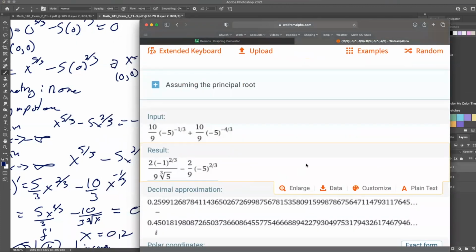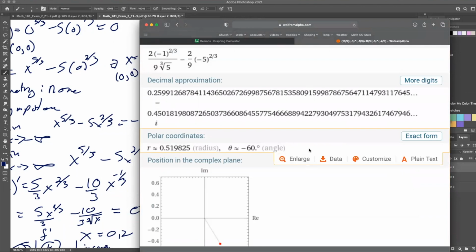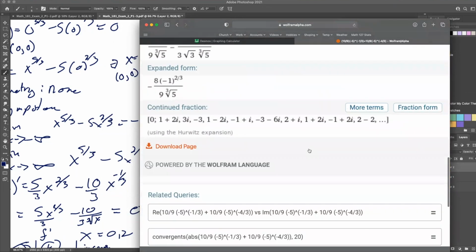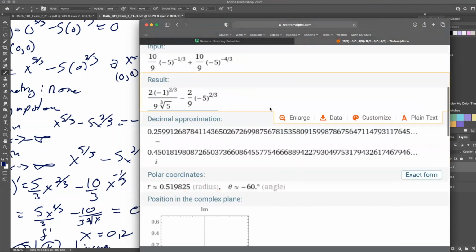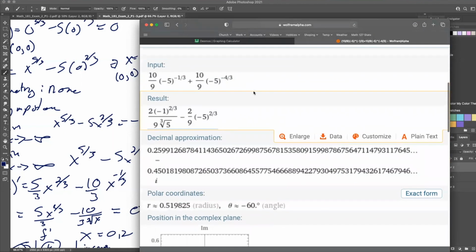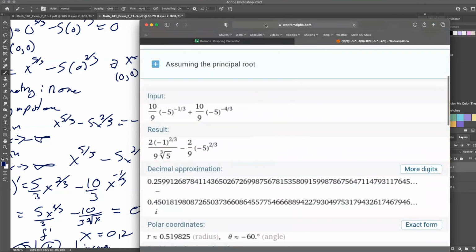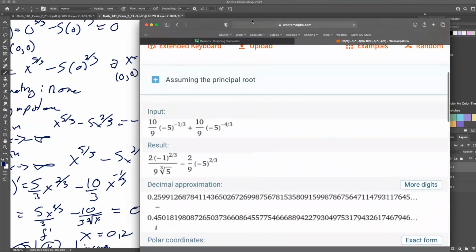Thank you for your awesomeness. Like some imaginary number. Of course. Couldn't you just tell me what the real part is? Uh-oh. Assuming principal root. Hold on, let me zoom out.